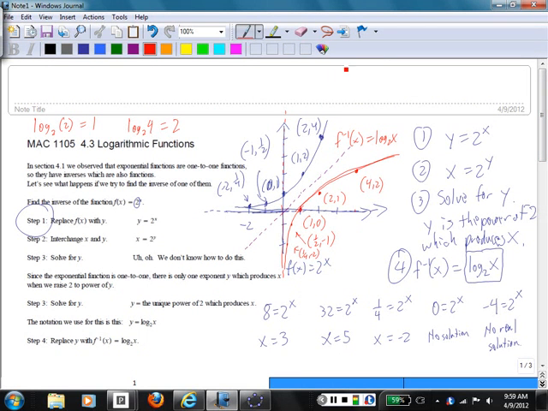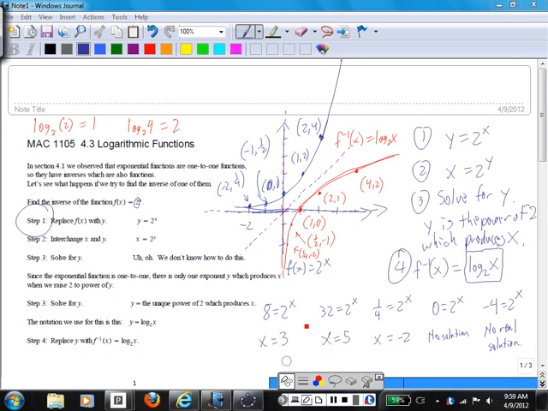A better example, just to get visual with it: suppose we go up here to 3.8. That's as high as it'll let me go, or maybe if I use the writing tool, it may let me go a little bit higher. Yeah, there we go. So 3.8 is going to be about right there.